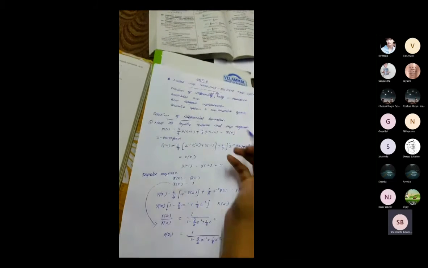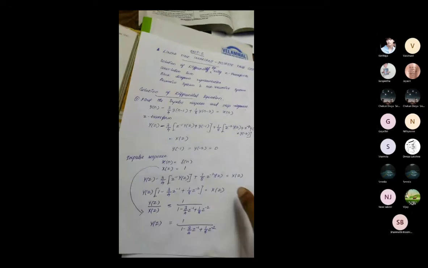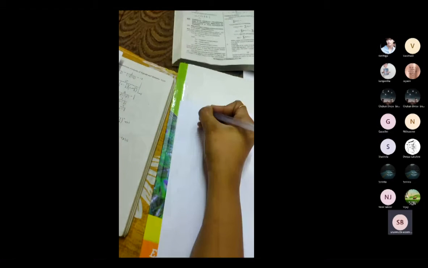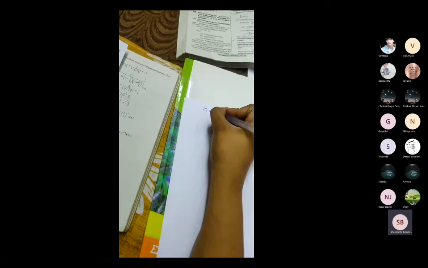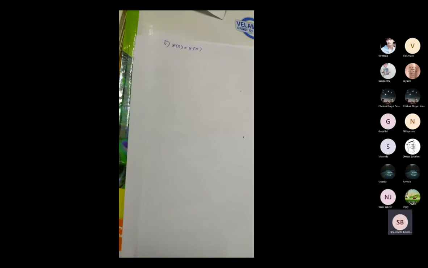Next you have to find the step response. For the step response, you have to consider your input x of n equal to u of n. For u of n, if you're taking the Z transform, what is the answer?